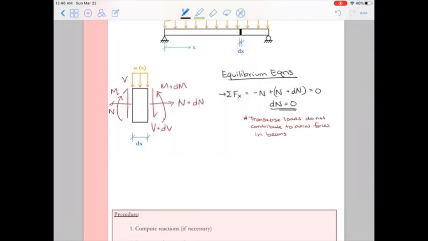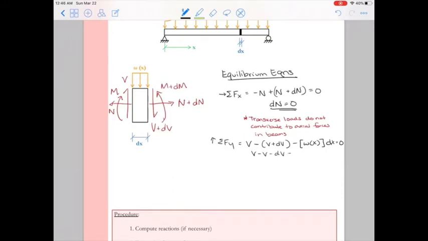So to come up with how the load relates to shear, I'm going to sum force in the y direction. Here I have V on the left-hand side minus the quantity V plus dV on the right-hand side. And then I also have to subtract out my omega of x function. And like a resultant load, I need to multiply by the distance over which it acts, or dx in this case.